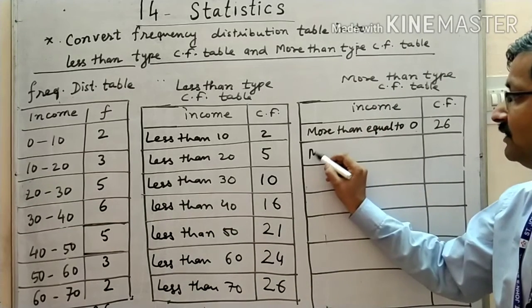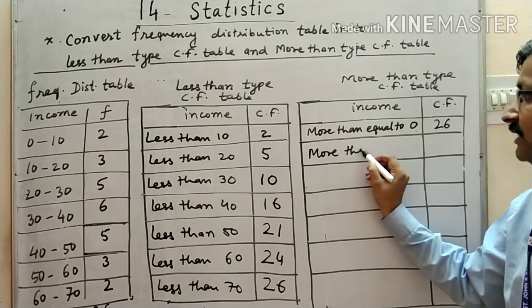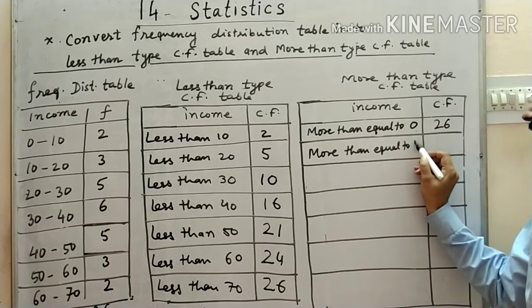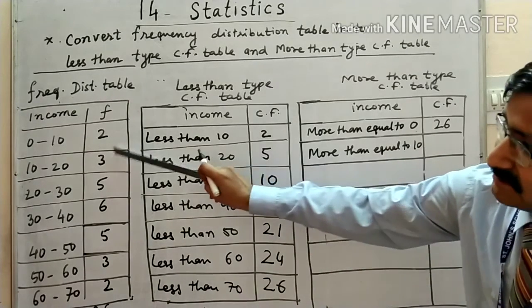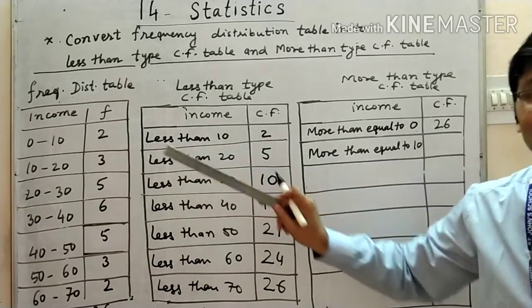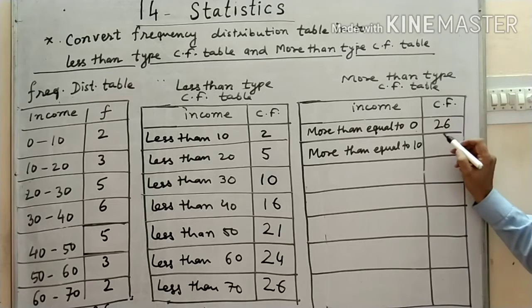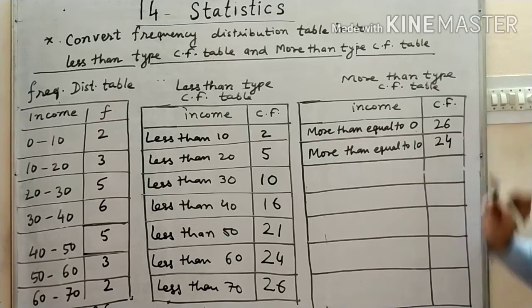So for more than 10, what do we do? We subtract. More than 10 will be these parts, so we will not have these 2. We have to remove this 2. What do we get? We remove 2 and get 24. Now what do we write next?